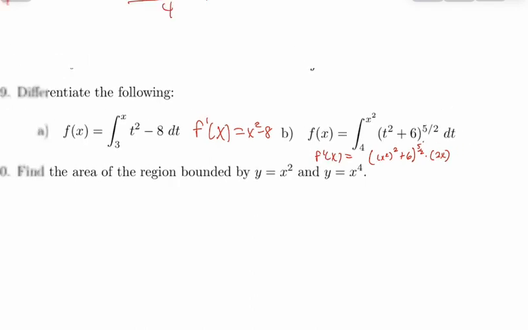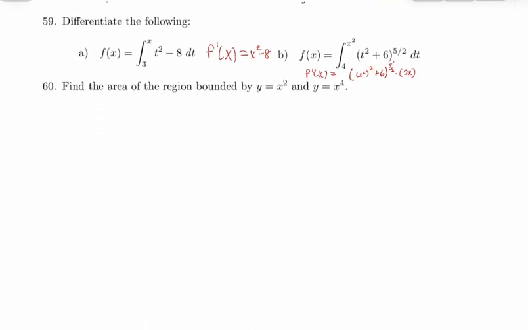Okay. And then the last thing I want to talk about is the area of the region bounded by y equals x squared and y equals x to the fourth. For these, knowing what the graph looks like is very essential. Y equals x squared and y equals x to the fourth look very, very similar.